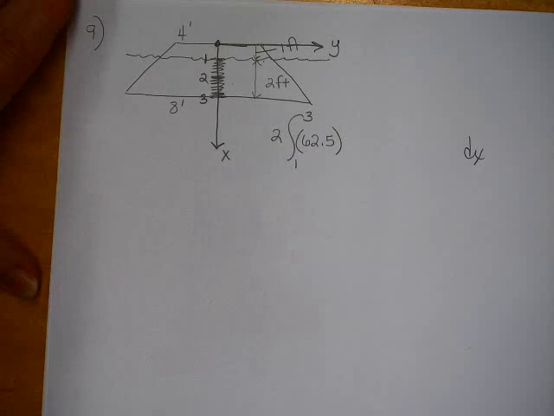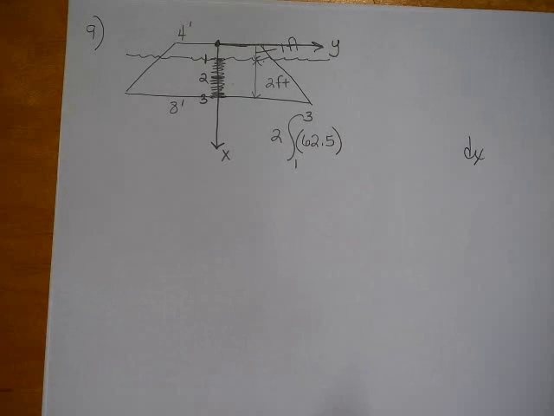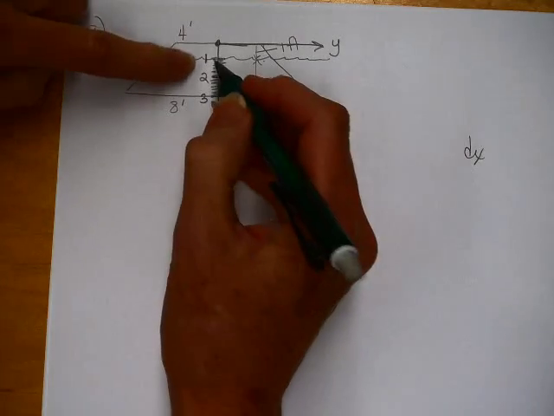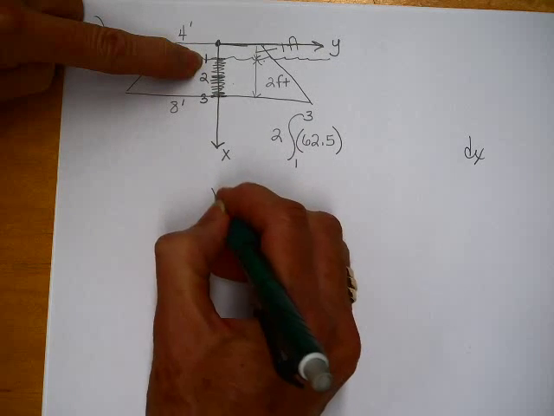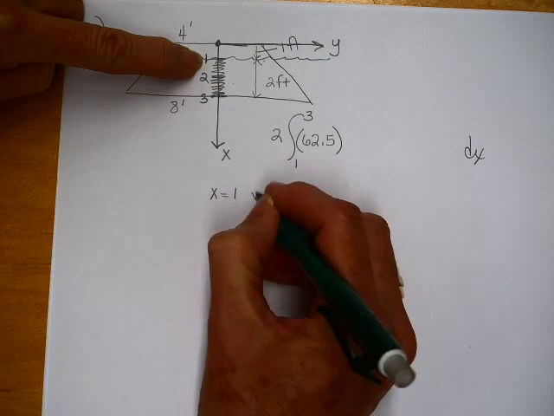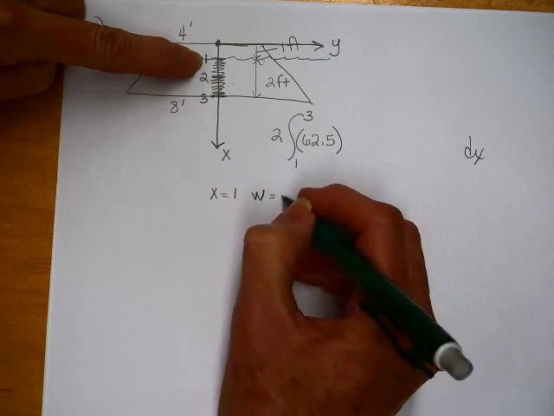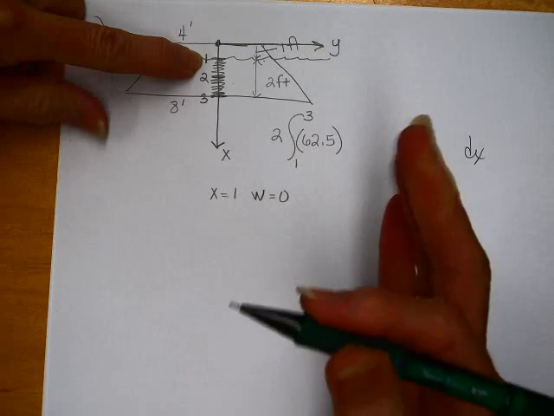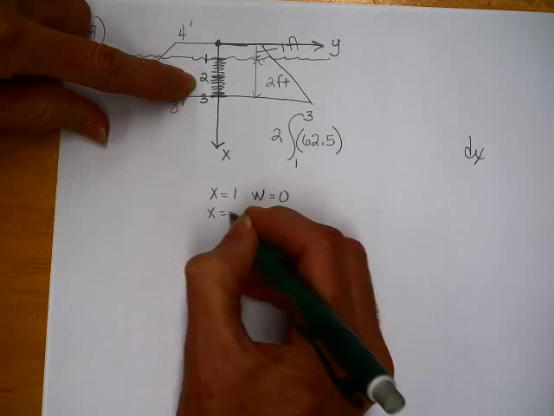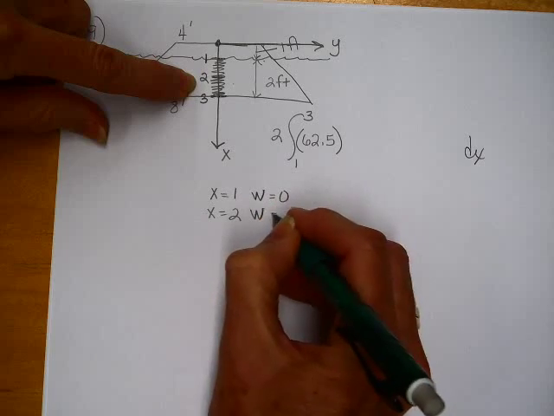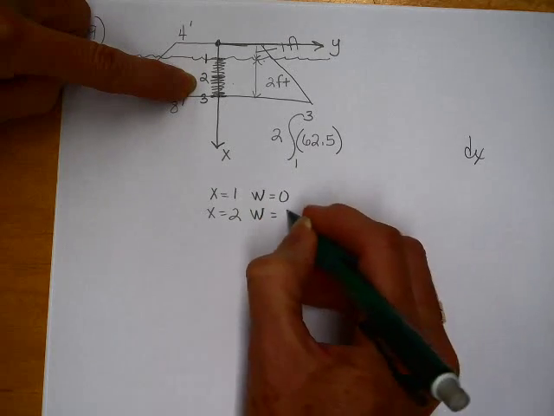Now I need the depth of the water. That's above me. All right, when x is 1, how much water do I have above me? None. That's the top of the water. When x is 2, how much water is above it there? 1.